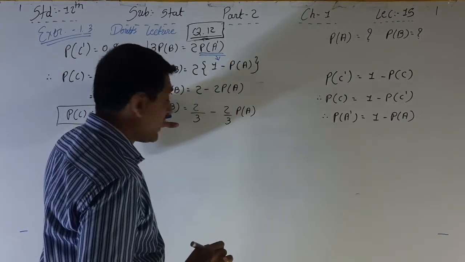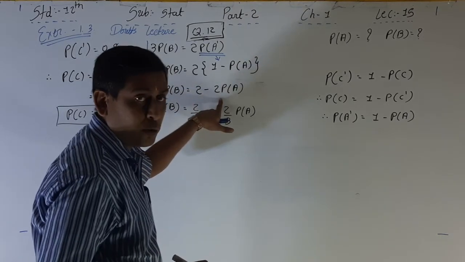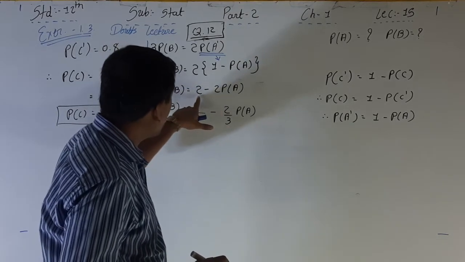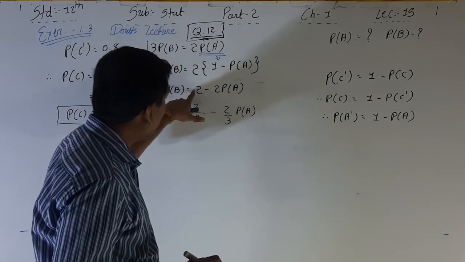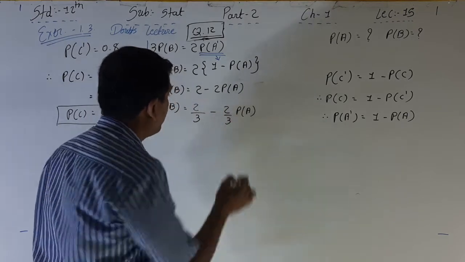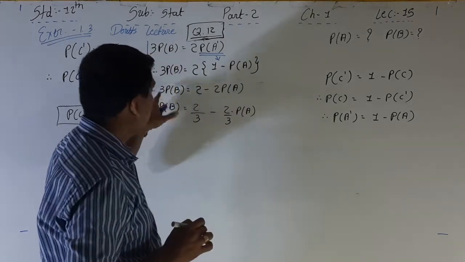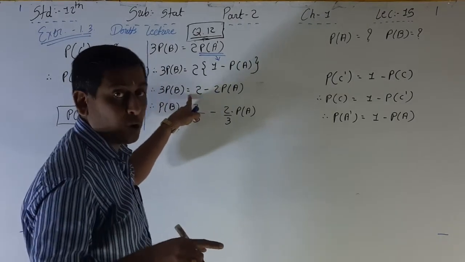The 3 here is multiplied, so we have to transfer it to the opposite side. It is divided on the whole, so I am writing separately 2 by 3 minus 2 by 3 P of A. Here 3 is transferred to the opposite side of is equal to.